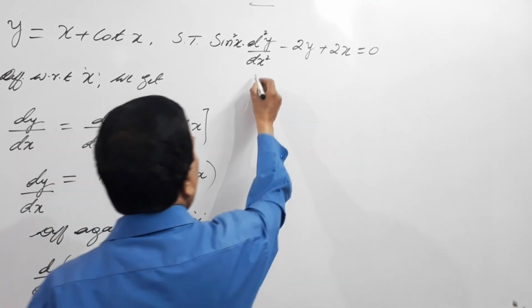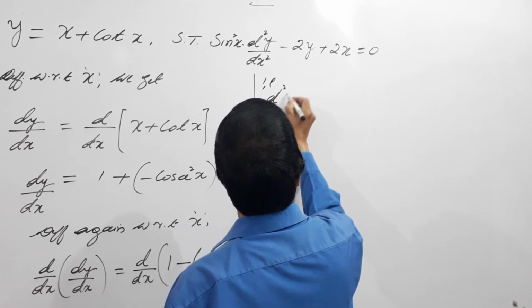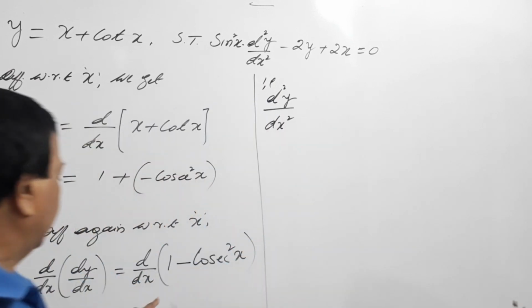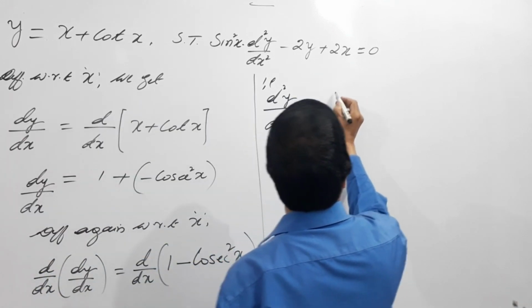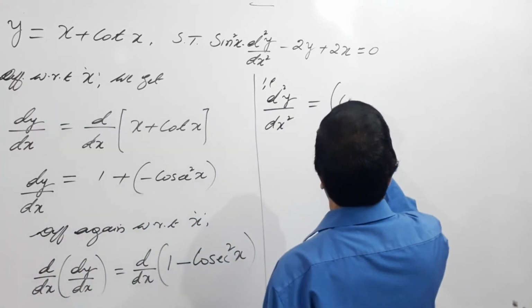That is d square y by dx square. So if we differentiate 1, it becomes 0.